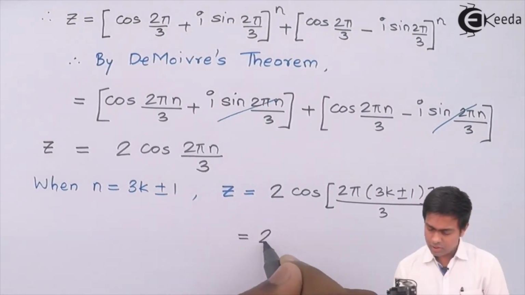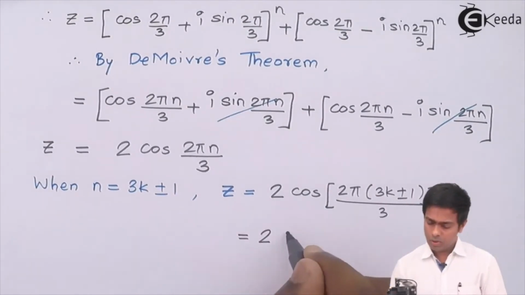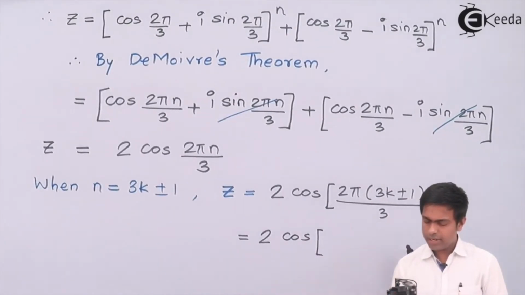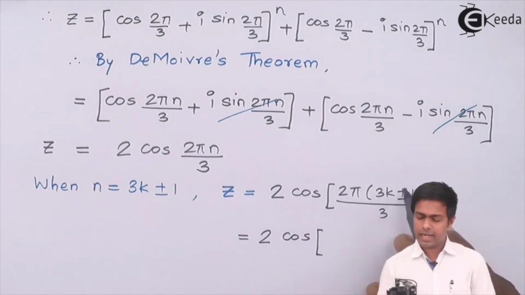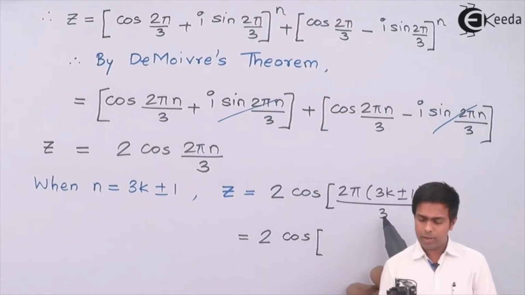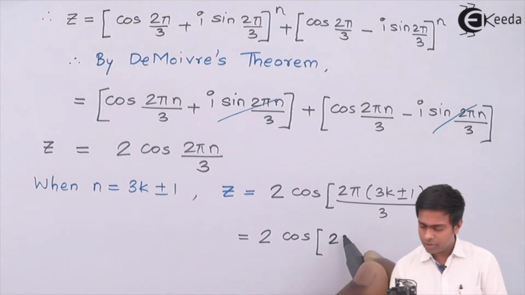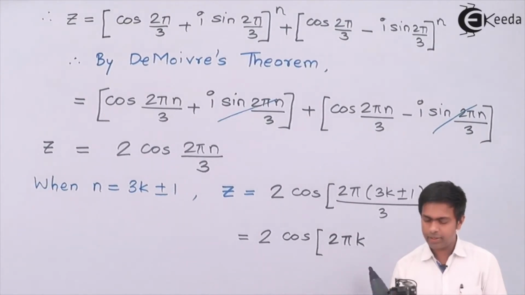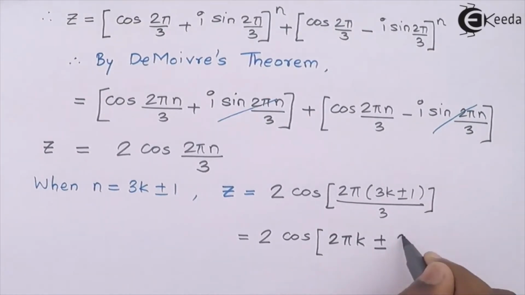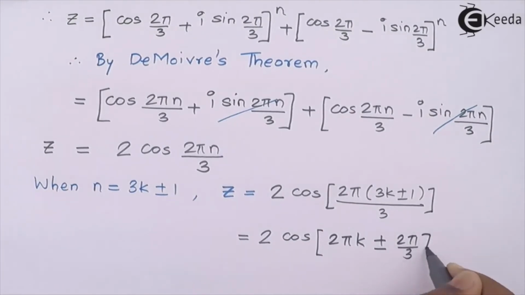Now let's multiply inside the bracket by 2 pi by 3. So 2 pi by 3 into 3k, we will get 2 pi k, plus or minus 2 pi by 3 into 1, which is 2 pi by 3.